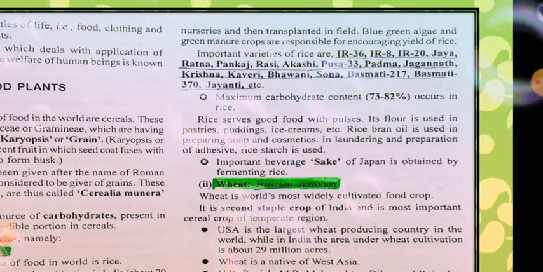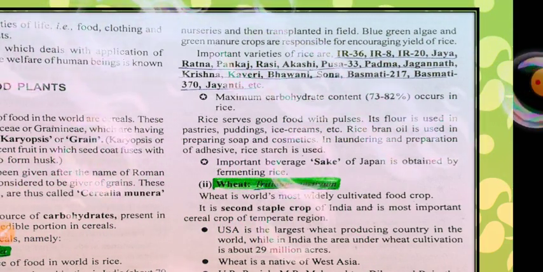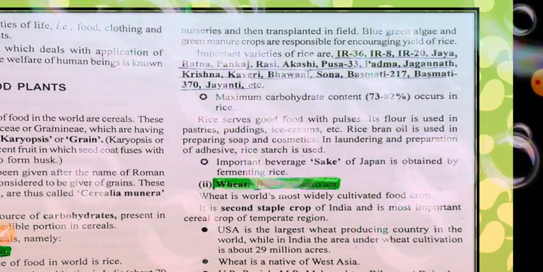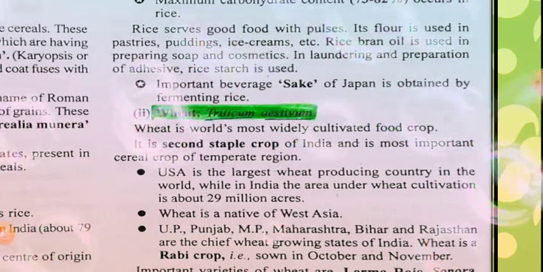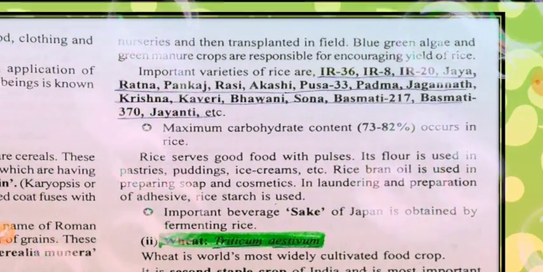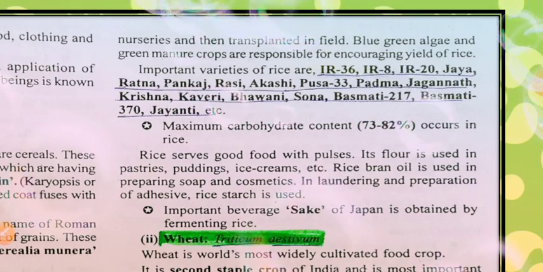Blue green algae and green manure crops are responsible for increasing the yield of rice. Important varieties of rice are IR 36. This is very important for all of you, because these are some important rice varieties.